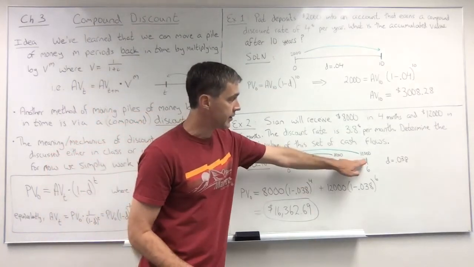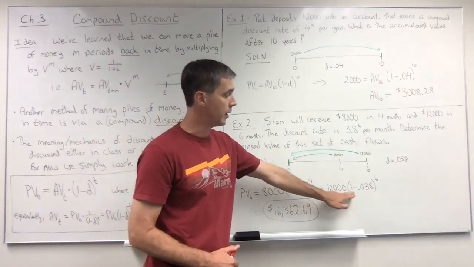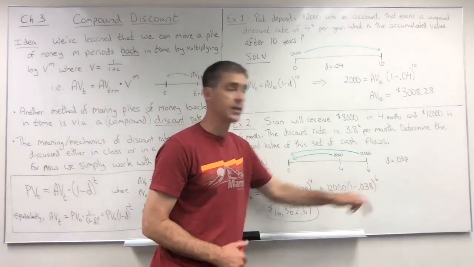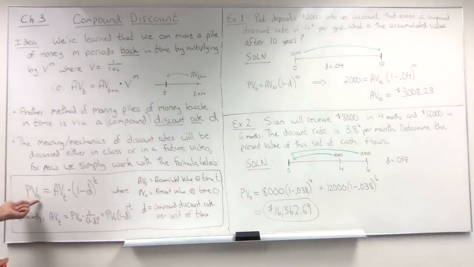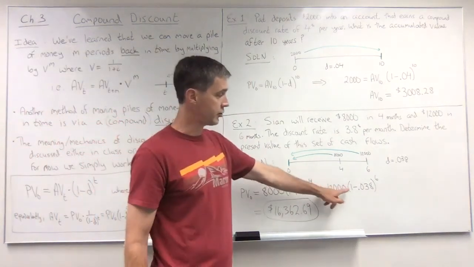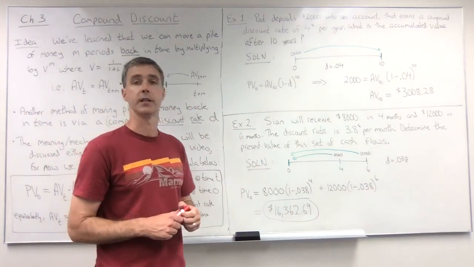Plus, the 12,000 has to get dragged back 6 units of time, so 12,000 times 1 minus d to the 6th. In both cases, I'm using this formula: accumulated value multiplied by 1 minus d to the t drags us back to the present time. So I have those 2 piles of cash dragged back, added together, and I get $16,362.69.